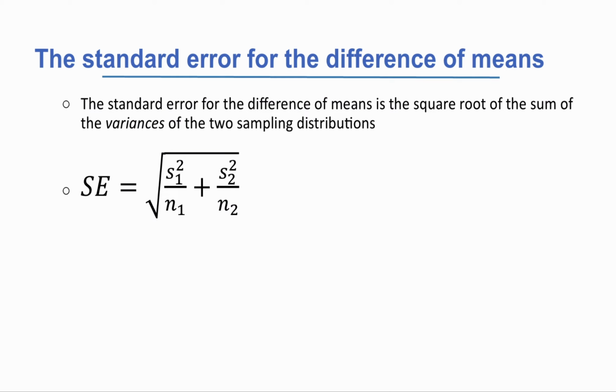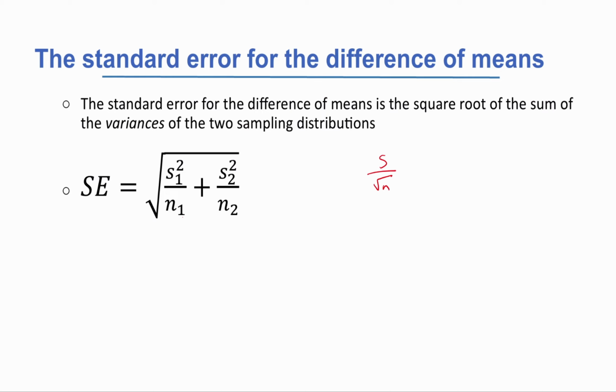The standard error for the difference of means is the square root of the sum of the variances of the two sampling distributions. So, for one mean, it's s over the square root of n.